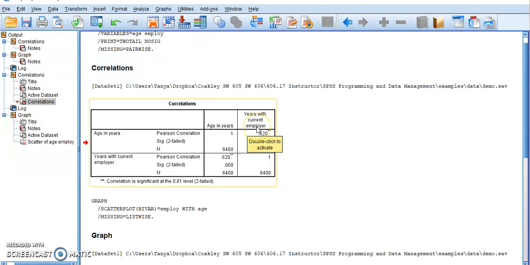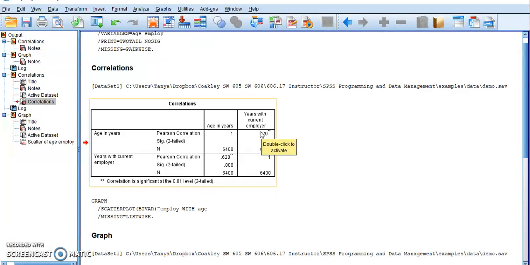Weak means you're going closer to 0. If the r equals 0, that would indicate no relationship.